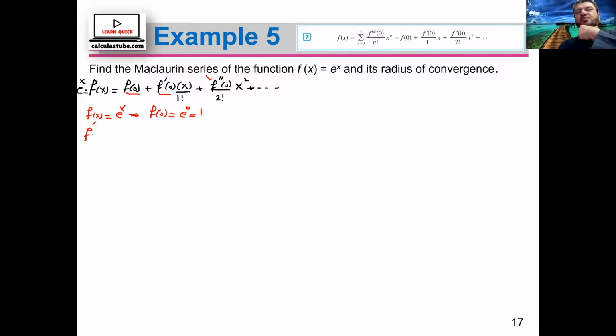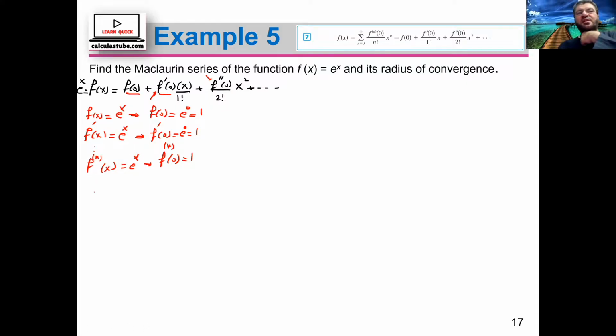How about f prime of x? F prime of x is e to the x again. So f prime at 0 is again e to the 0. So no matter how many times you differentiate it, f n of x is e to the x, which implies that any derivative you take at 0, you will end up with 1, isn't it?